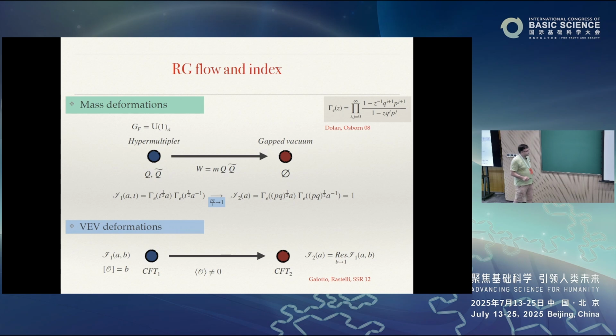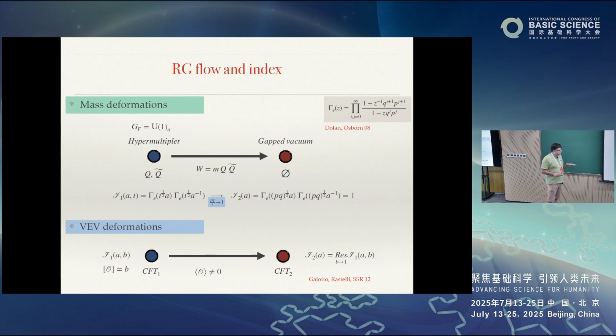Another thing which will be important for us later on is that you can discuss not only mass deformation or more generally superpotential deformations, you can also turn on vacuum expectation values. And there things are slightly more complicated, but the idea is exactly the same.